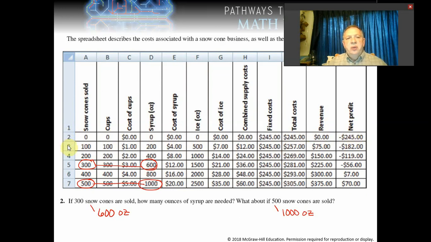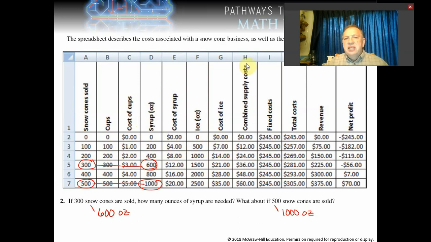So here they built out, okay, if I'm going to sell 100 snow cones, I need 100 cups. The cost of the cups would be $1, a penny apiece. 200 ounces of syrup is going to cost me $4. 500 ounces of ice is going to cost $7.